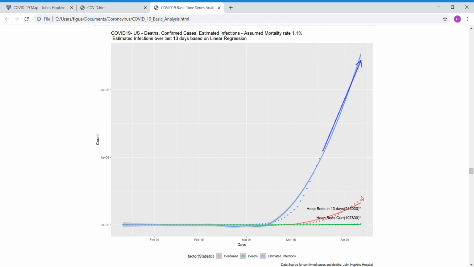And of course, this might vary, and if we are doing a very good job of flattening the curve, as they say, we could see a lower number in the future, but as of this time, by around April 20th, we should see a need for about 240,000 beds.